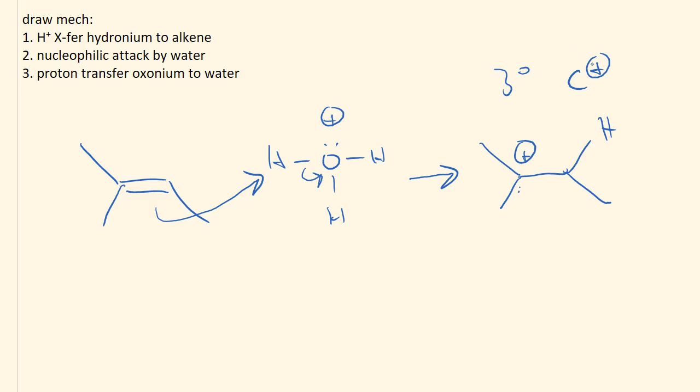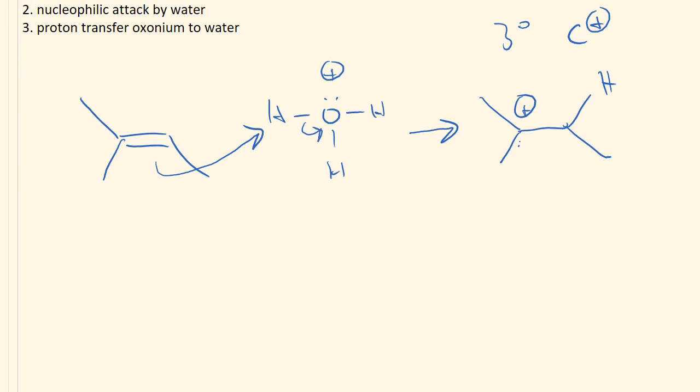Okay. The next step is going to be nucleophilic attack by a water molecule. So here's a water molecule, and we're going to attack that carbocation. And this is going to give us a tertiary oxonium, a protonated alcohol.